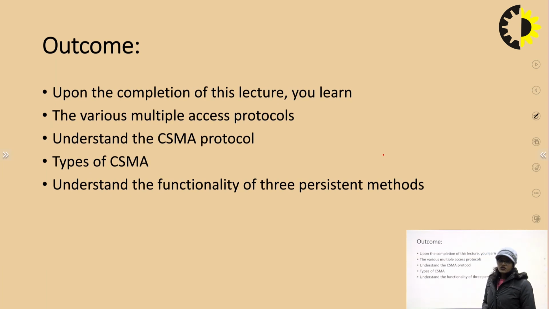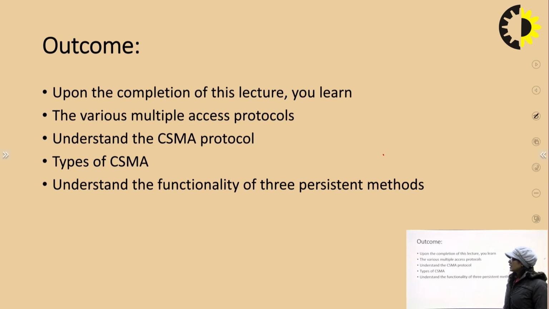Upon the completion of this lecture, learners will learn about the multiple access control protocols. We have different kinds of protocols to complete the functionality of multiple access. Then we will understand the CSMA protocol especially, because we have some categories of access control protocols, but among all the protocols we mainly discuss CSMA protocols in this lecture.